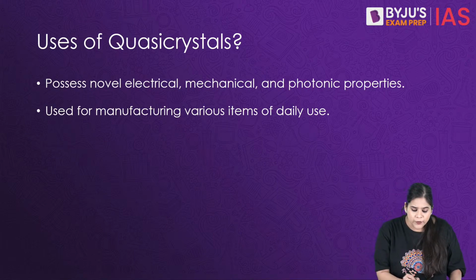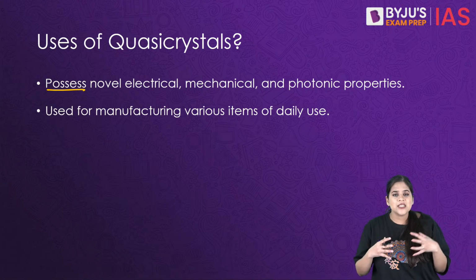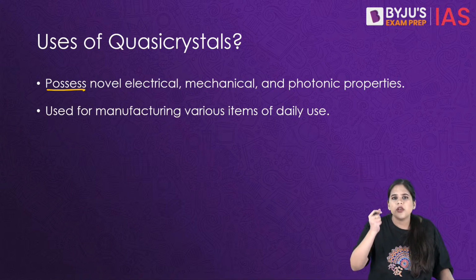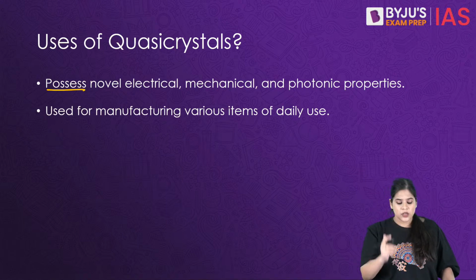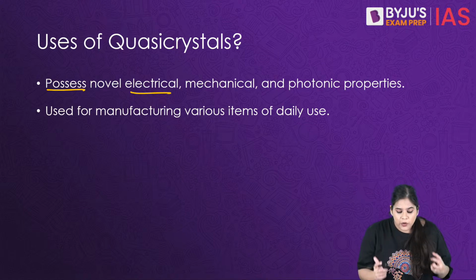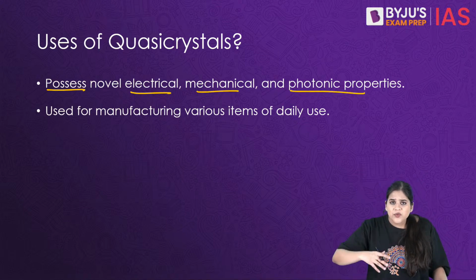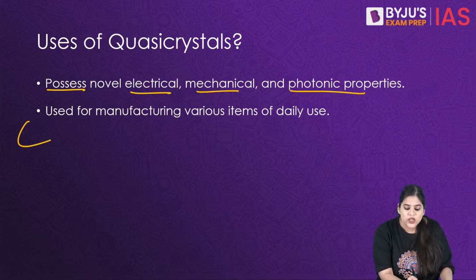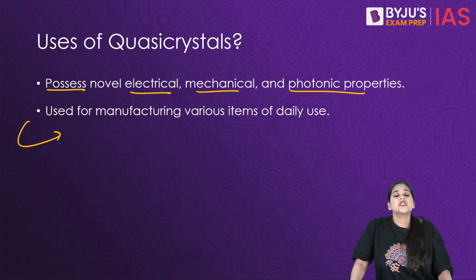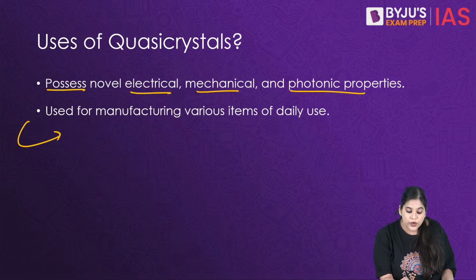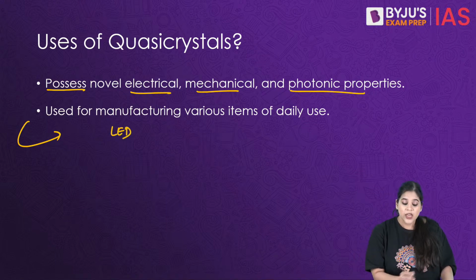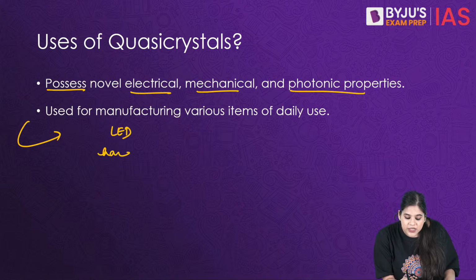Why are they important? Now these quasi crystals have very peculiar and novel characteristics with regards to electrical, mechanical and photonic properties. So that is why they have extensive use in manufacturing of various items of daily use, including LED lights, including hardened steel.